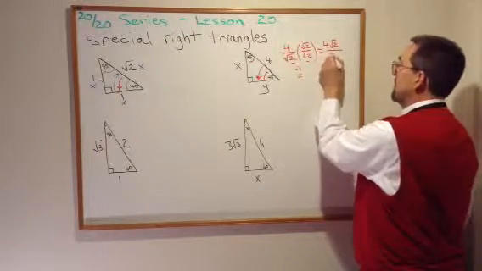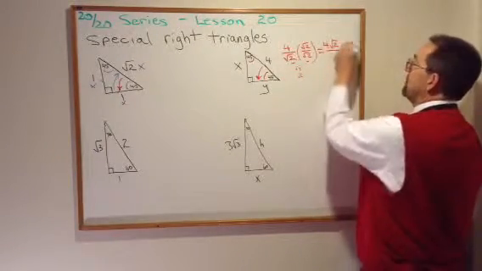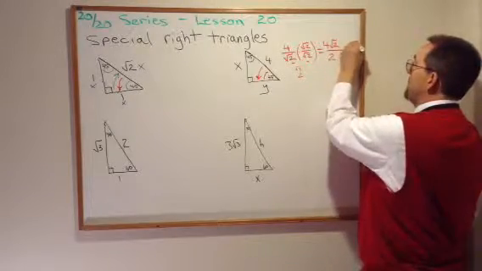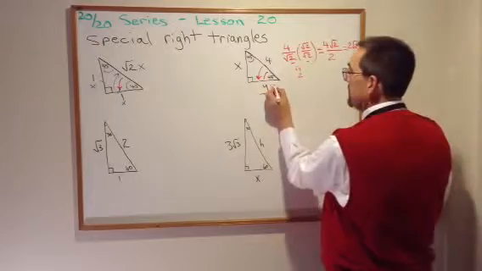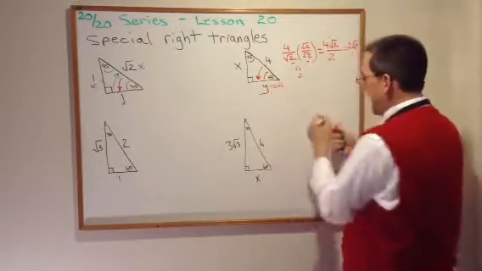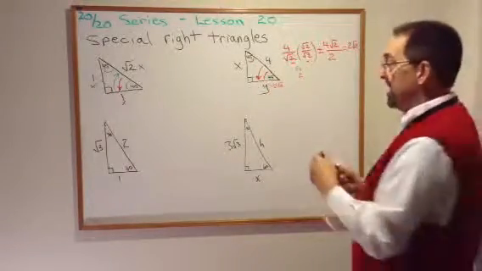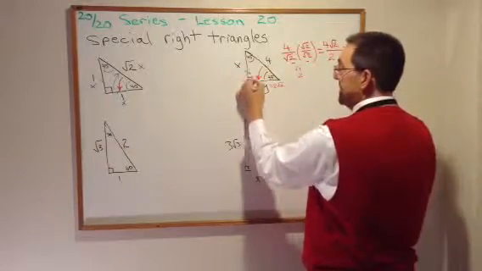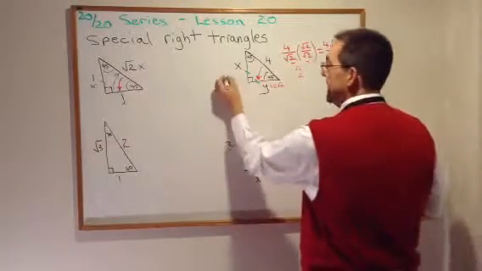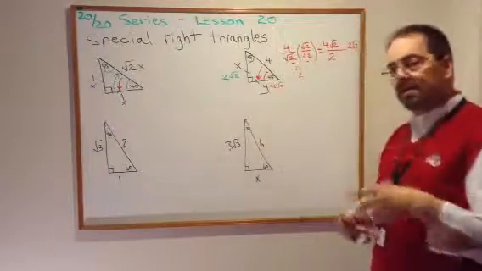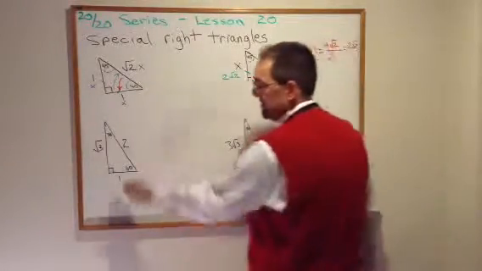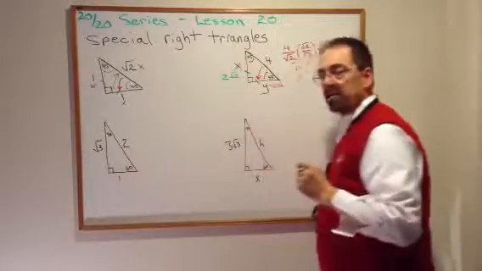We can reduce 4 over 2 to 2 radical 2. And our x value, because it's an isosceles triangle, is the same: 2 radical 2.